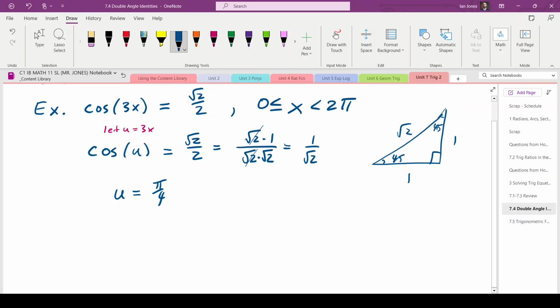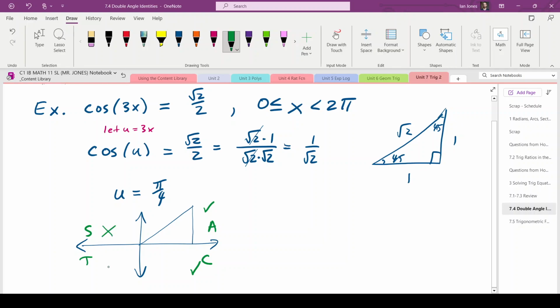And we can go around the unit circle to get our other solution or solutions. So we have here pi over 4. And we have, of course, all students take calculus. So that tells us that cosine is positive here and here, and we have a positive root 2 over 2.